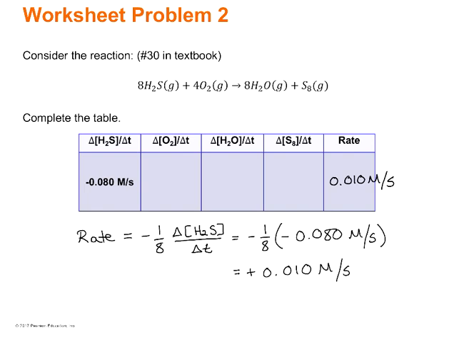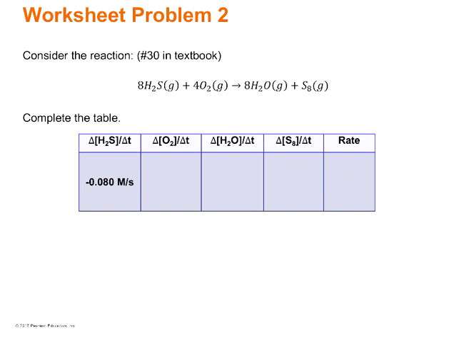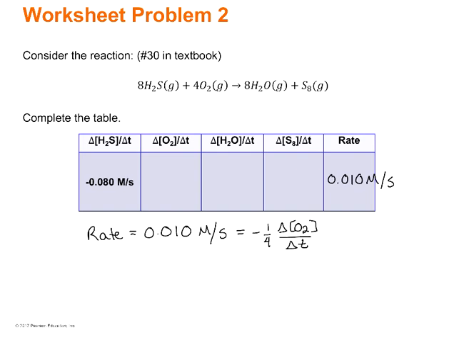Okay, so let's solve for oxygen. And here I'll just rewrite what we just solved for here. So now that we know that the rate is equal to 0.01 moles per liter per second, I'm going to set that equal to negative 1/4 delta O2 over delta T. And now we can solve for delta O2 over delta T. So we're probably going to multiply both sides by -4.